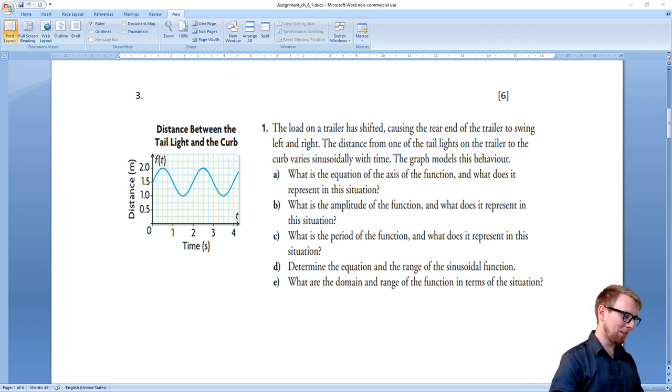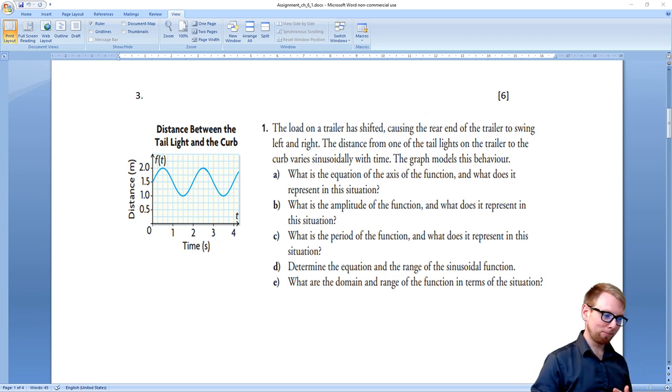Okay. Now, the C part. What is the period of the function? So remember, what does period mean?